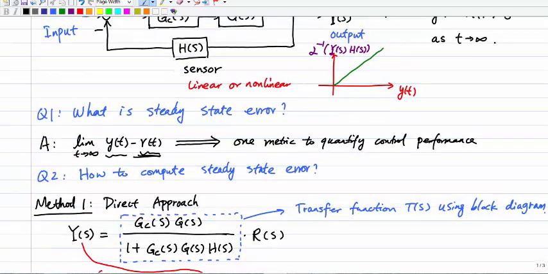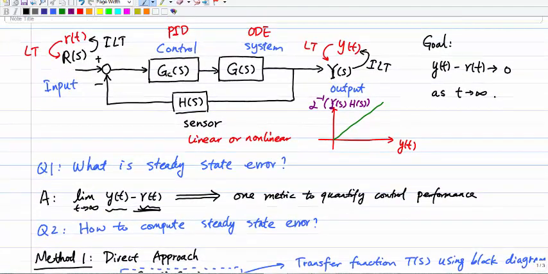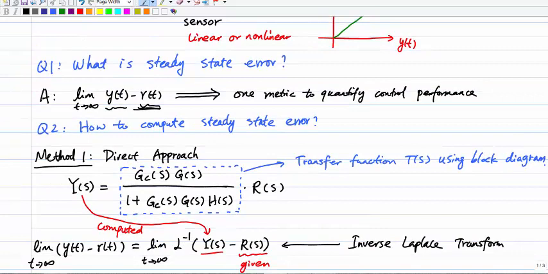If you still remember the block diagram, I have a cascade of G sub c of s and G sub s of s, which is the product of these two when put together, and then we have a loop. If you apply cascade and loop, you end up getting this transfer function, using the properties of the block diagrams.